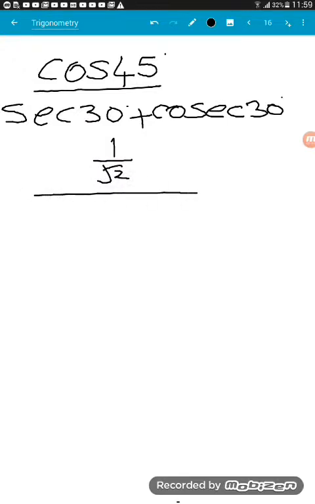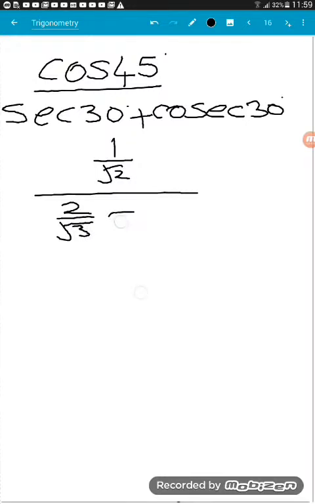Sec 30 is the reciprocal of cos 30, so sec 30 is nothing but 2 by root 3, plus cosec 30 is the reciprocal of sin 30, so it will be 2.